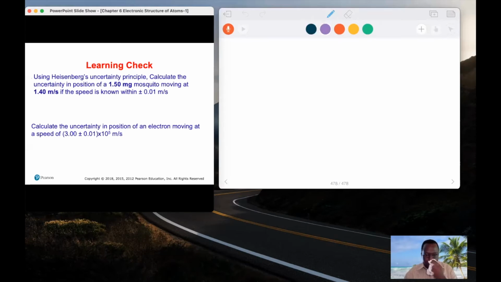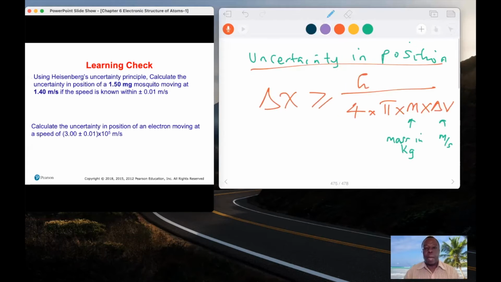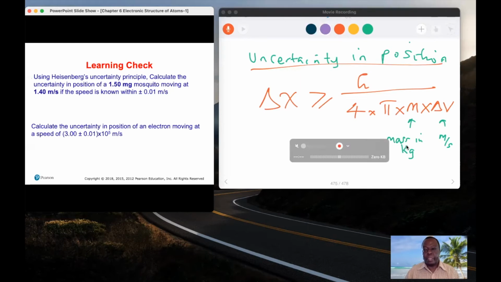Here is a typical problem. Remember what I say in terms of mass: mass has to be in kg. Uncertainty in velocity has to be in meters per second.